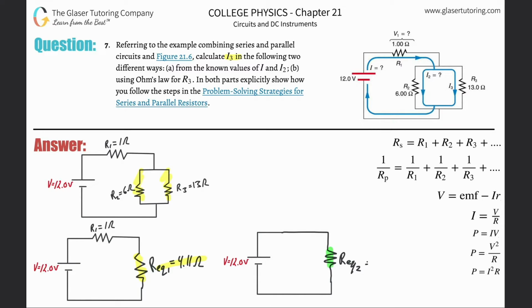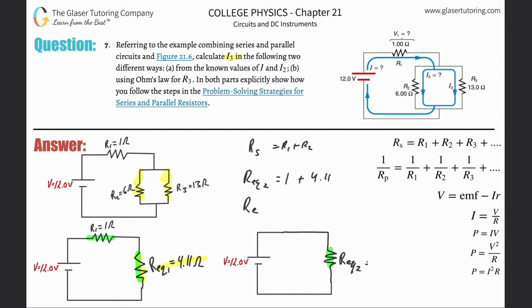So this equivalent resistance is going to be equivalent to this resistor in series with this resistor, okay? That's what I'm going to calculate. Now, how do we do that? Well, these two are in series, and therefore I use my series equivalent formula, right? So this just says that the equivalent resistance in series is going to be equal to R1 plus R2. This is nice and easy. So in other words, my equivalent resistance number 2, is going to be equal to the 1 ohm plus then the 4.11.